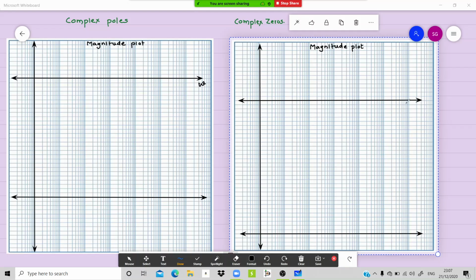Omega on the log scale. Phase plot. And omega. Yeah, I think this is sufficient.